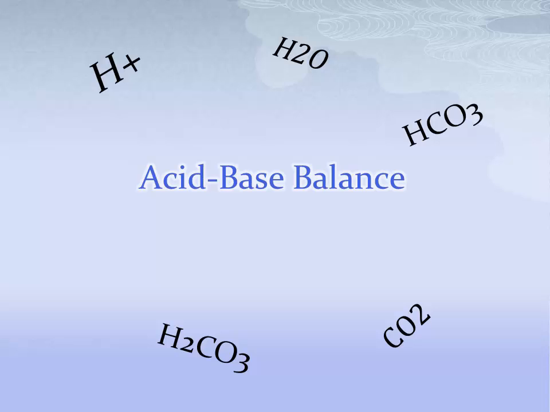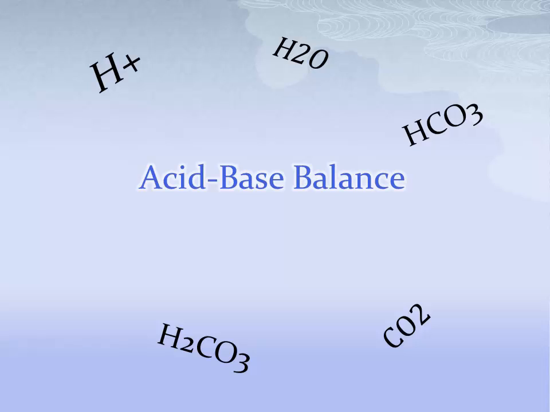The two primary acids are carbonic acid, which is the H2CO3, and then metabolic acids. We're not going to worry about the chemical makeup of metabolic acids. But carbonic acid is important because it's regulated a lot by the respiratory system, whereas metabolic acids are regulated more by the renal system.